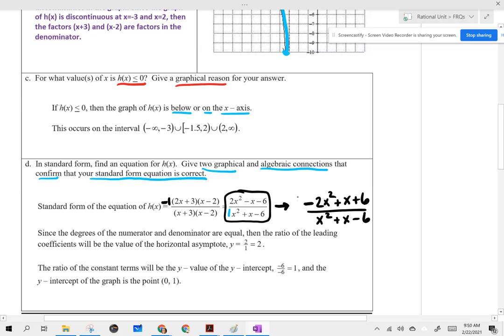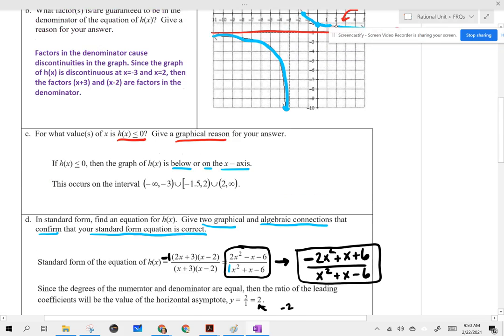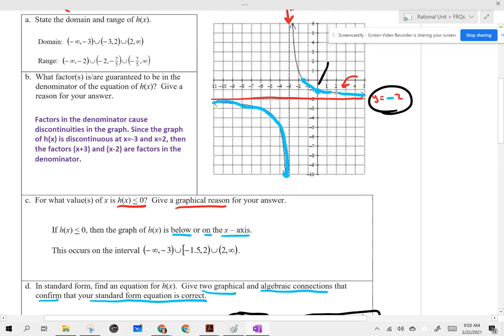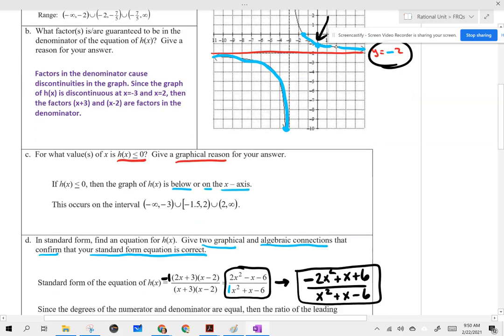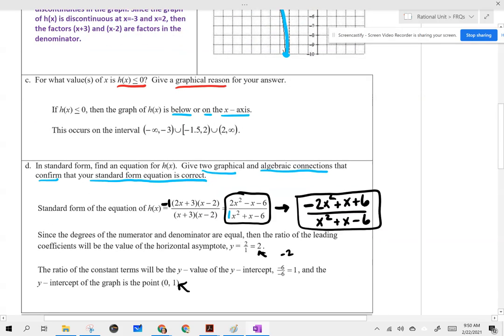And then now you have been able to confirm that the information is right, because remember, the horizontal asymptote is supposed to be -2 according to the graph, and your y-intercept is at -1, not 1.